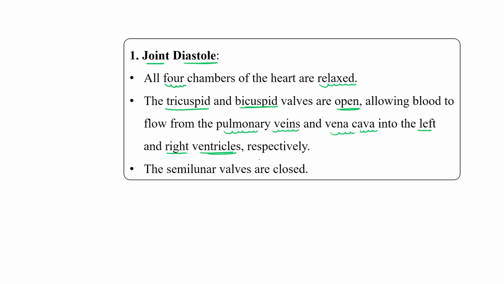In this situation, the semilunar valves are closed.